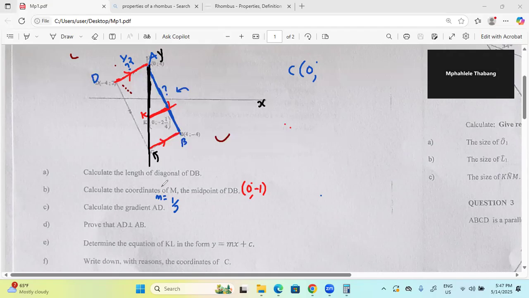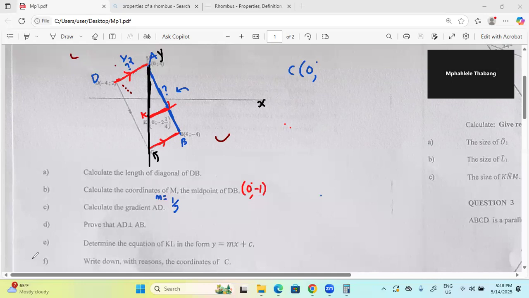This says write down, which means we don't have to make calculations, to be honest. Is there something which I'm missing here?